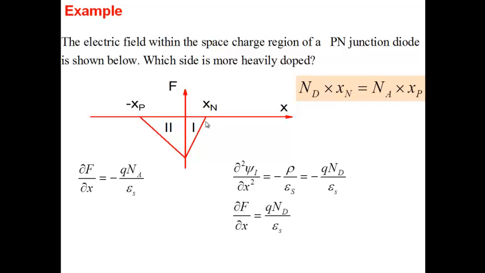So the slope of this field, from Poisson's equation, you can write it in terms of voltage or in terms of field. So the slope here indicates the doping. The higher the doping, the sharper the slope here. And the slope here indicates again the same as Na. All right, so keep that in mind. In a field versus x plot, the slope indicates the doping, Nd here.